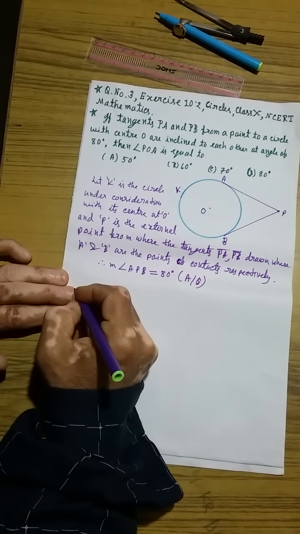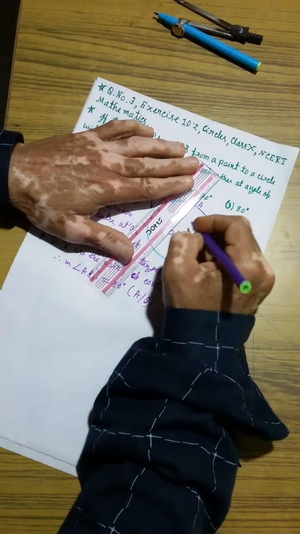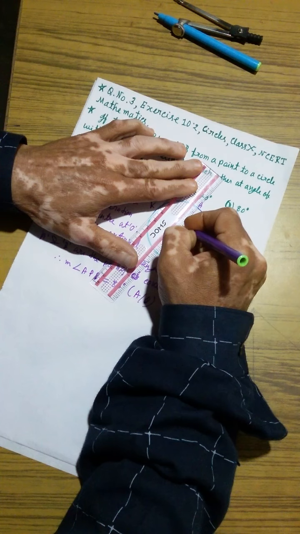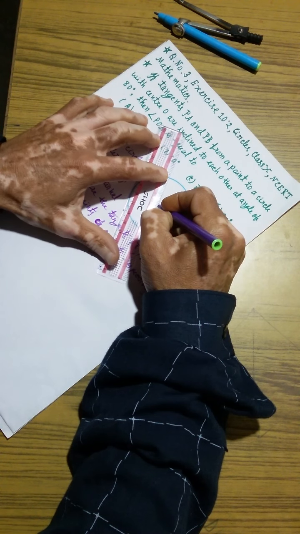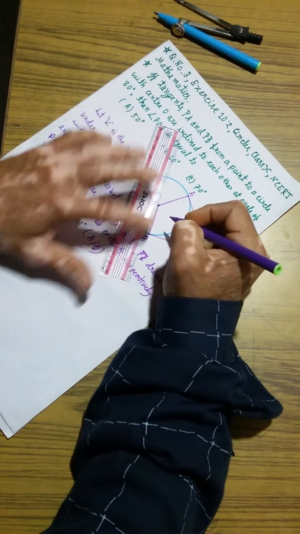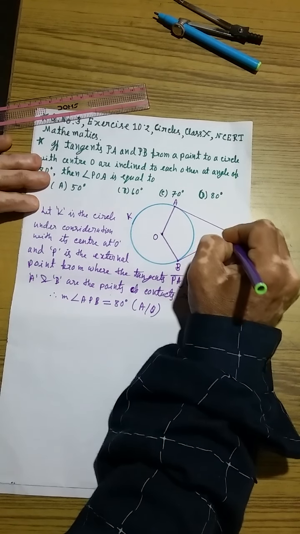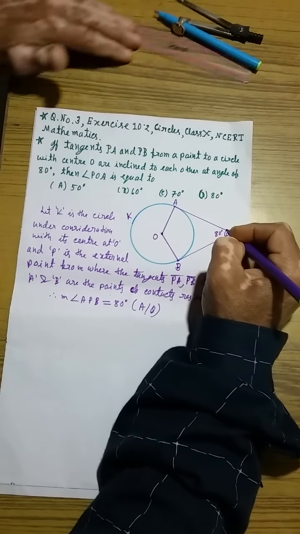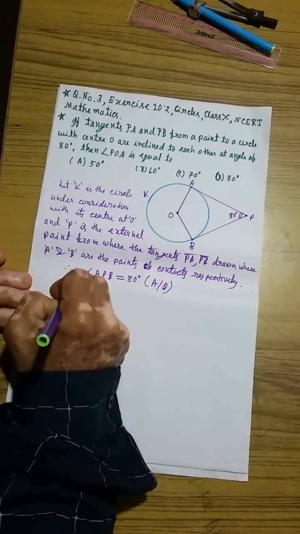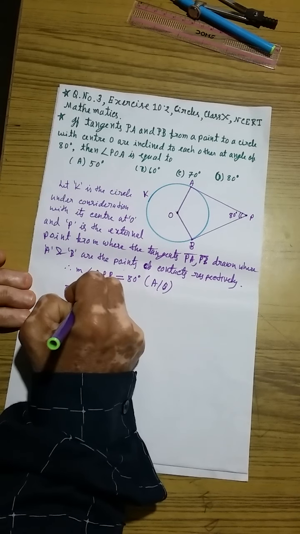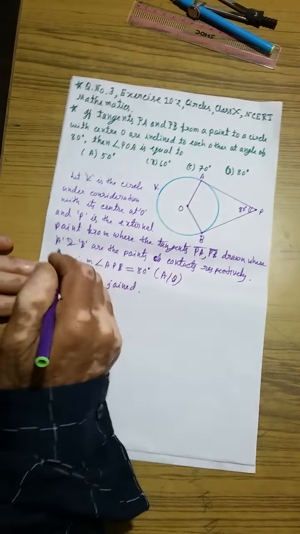After this, let us join OA and OB. So write in this way: OA, OB joined.